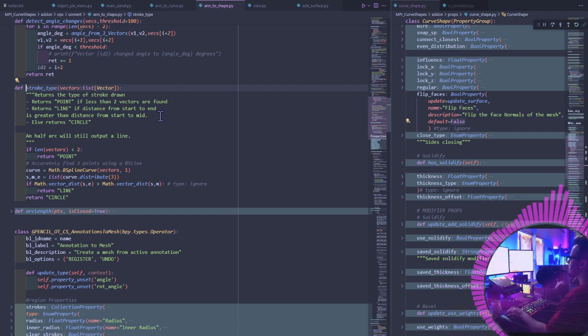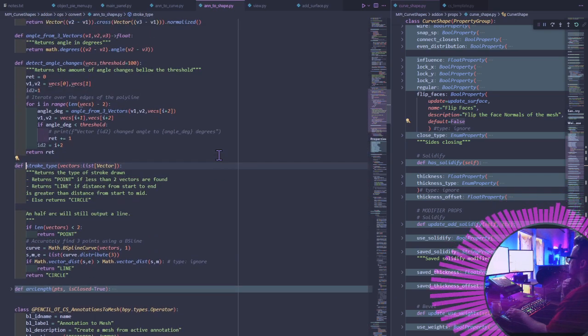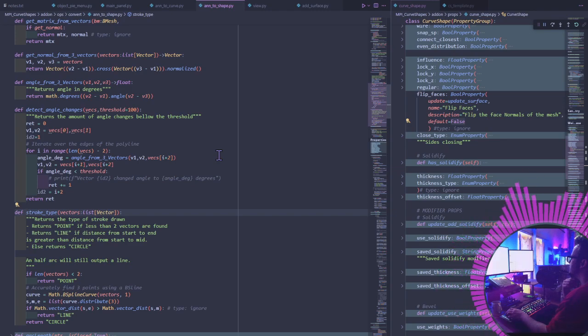I'm probably gonna skip this one because it doesn't make much sense now. The main function is detecting the angles. I'm getting the angle from 3 vectors using this. Math degrees is just turning this function here into degrees so that I can ask how many degrees I have in an angle.